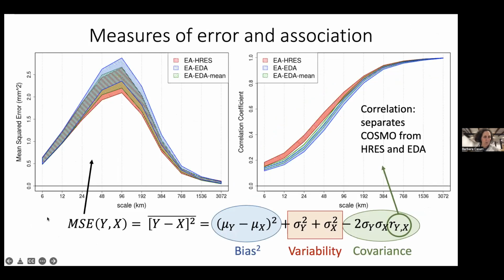One thing that is important to know is that the mean squared error is composed of different components. Essentially, all the continuous statistics that we usually compute in verification are related. So there is a bias component. The mean squared error is proportional to the variability of the forecast and the observations, and there is a covariance, or correlation, component.